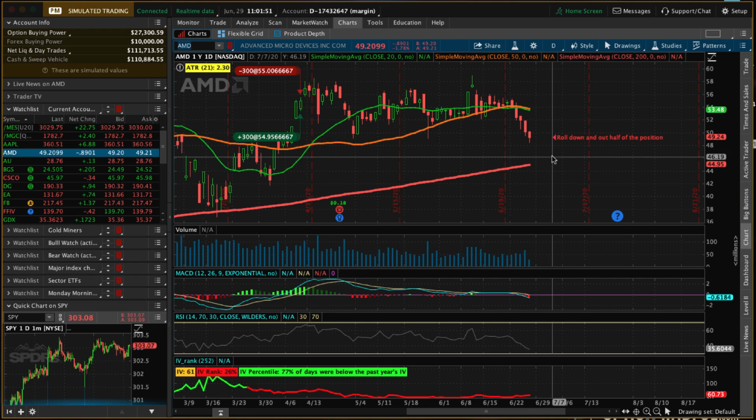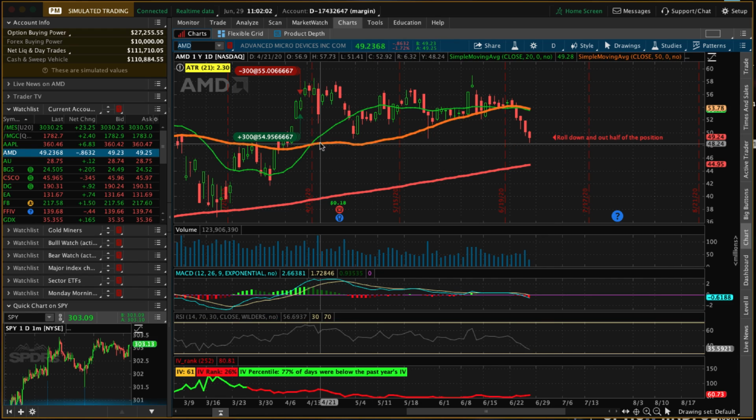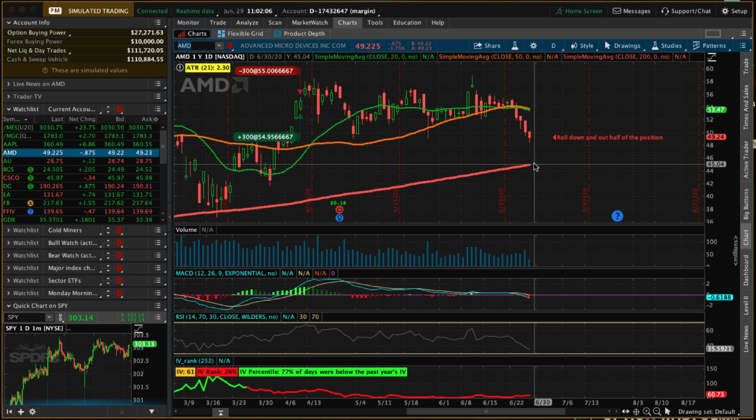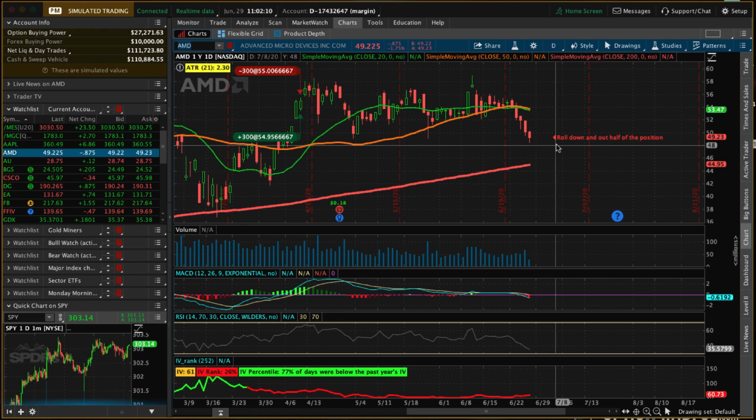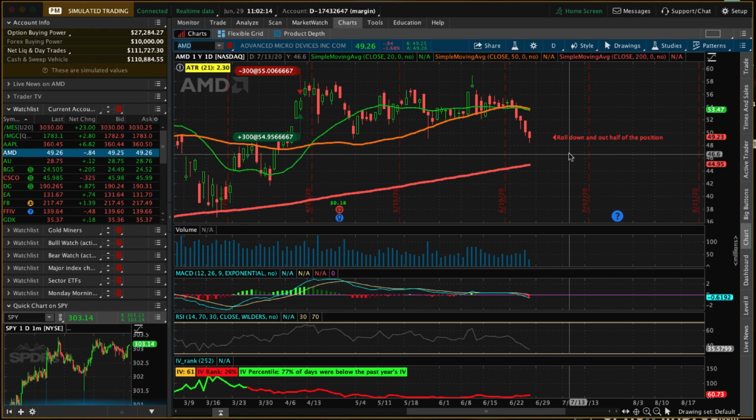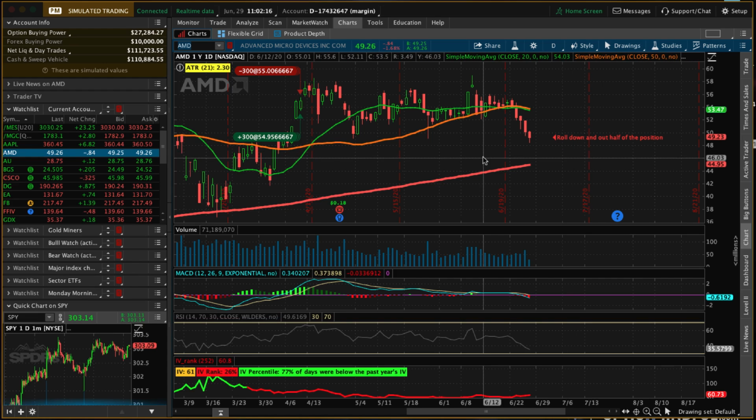I could hold the stock, wait to be assigned, and wait for the bounce back off that very strong support zone, with the SMA going up and probably reaching 48 or so in a couple weeks or a month. So I'm pretty okay with AMD.